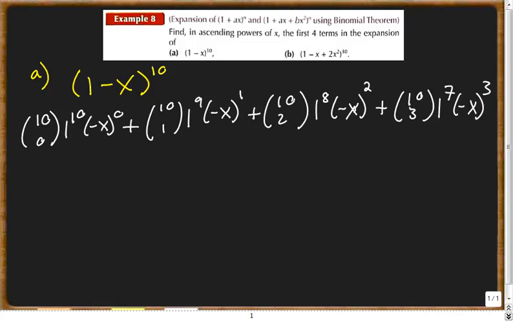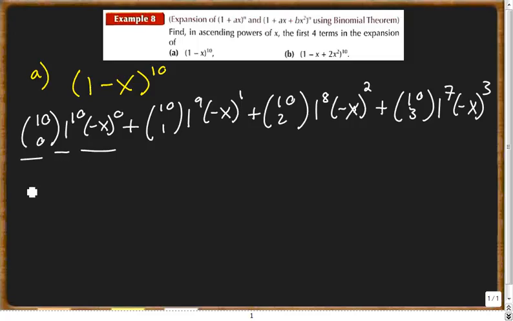Now we just have to go through and simplify. The hard part is going to be getting those numbers, but eventually there's a pattern and you see where it's going. 10 choose 0, remember we worked on this, 10 factorial over 0 factorial times 10 minus 0 factorial. So this is going to be 10 factorial over 10 factorial, which is just going to be 1. So this is 1. This is 1.